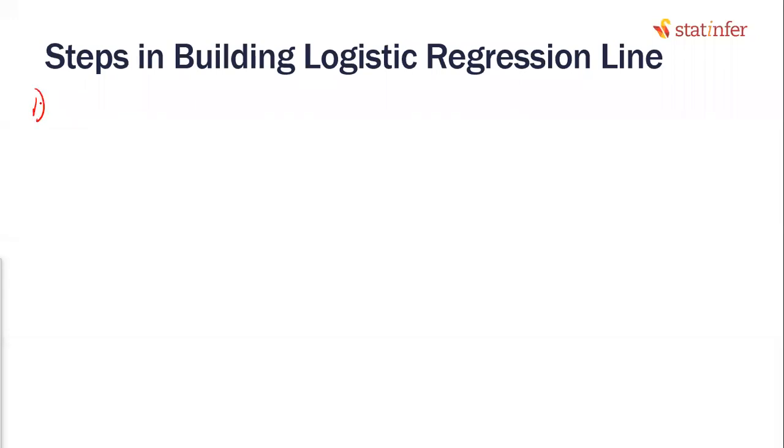The first thing is, first things first, when do you come to logistic regression? Under what condition? When do you even consider building a logistic regression model? In which scenario will you take this logistic regression model into consideration?